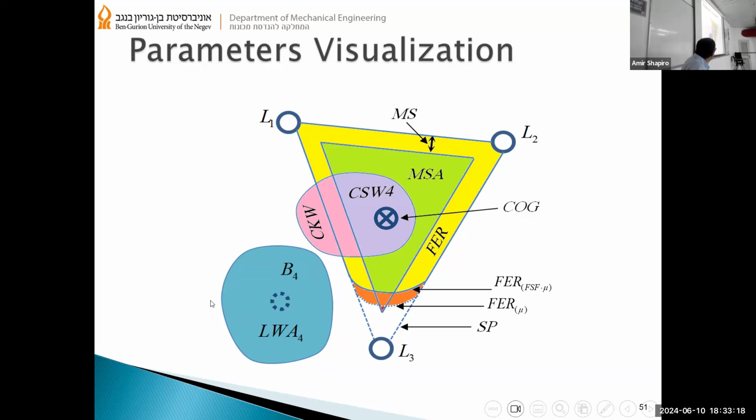And we also have the workspace of the fourth leg, which is lifted in the air now. And we must have the center of gravity above the feasible equilibrium region, with some margin, as you can see here, in order not to be on the boundary. And then we can move the leg forward inside this area.